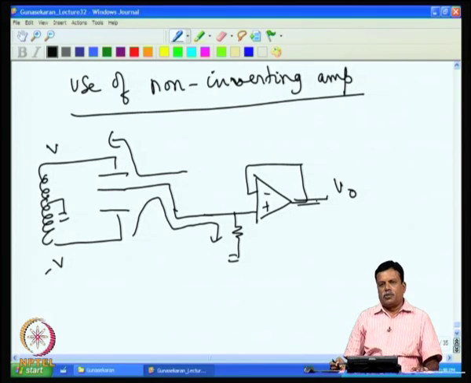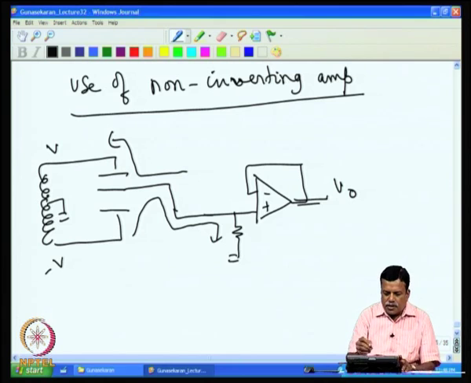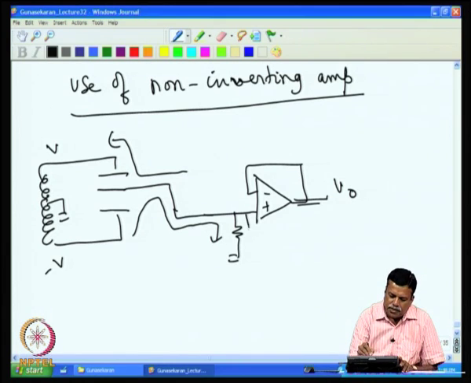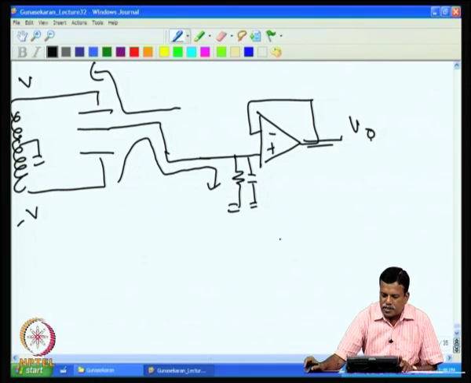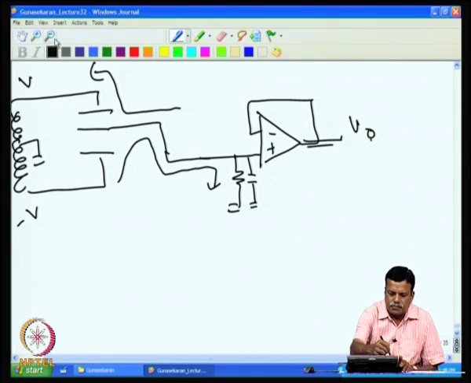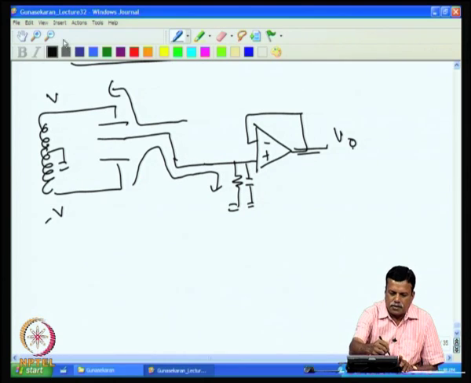And if we use this method, then if the output voltage is present, the capacitance present between this point and this point can create a problem, because it is loading the circuit and creating an issue.